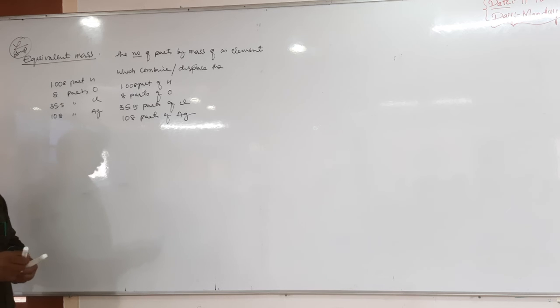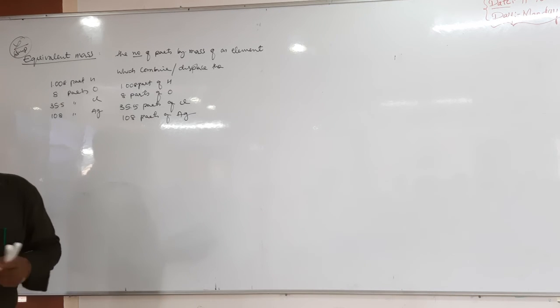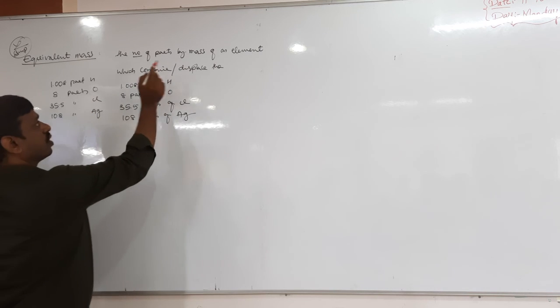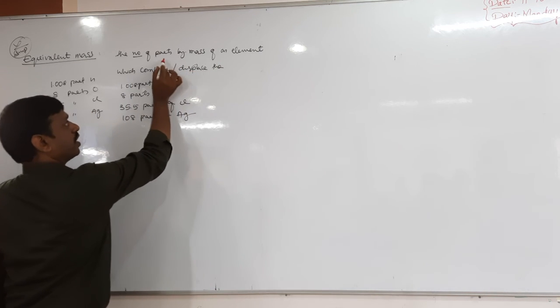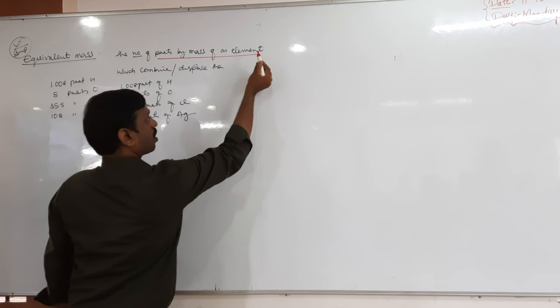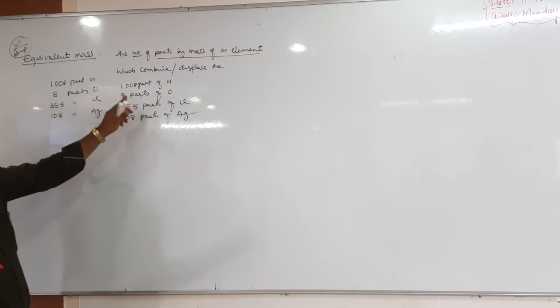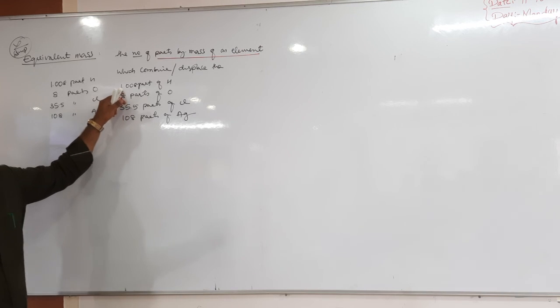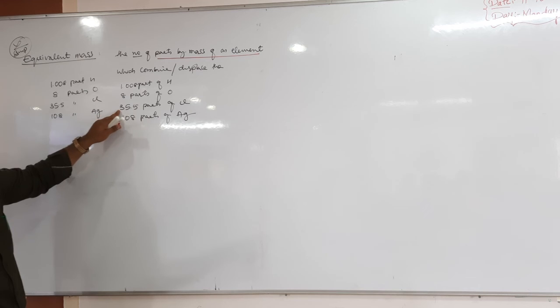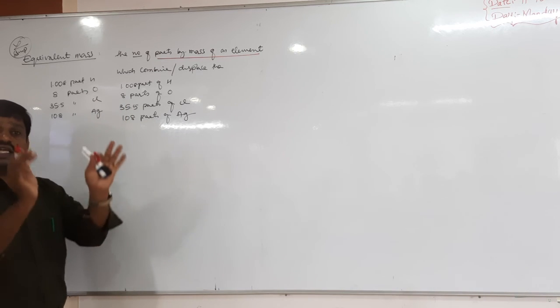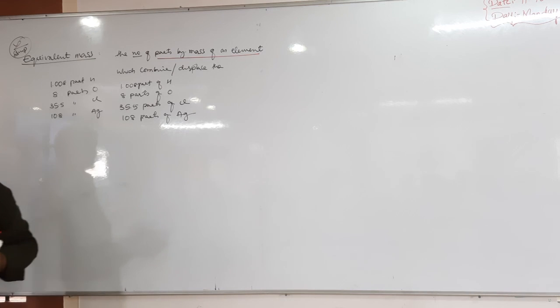Okay, so try to understand here. The statement is: the number of parts by mass of an element which combines or displaces 1.008 parts of hydrogen, or 8 parts of oxygen, or 35.5 parts of chlorine, or 108 parts of silver, then that part is called what? Equivalent mass.